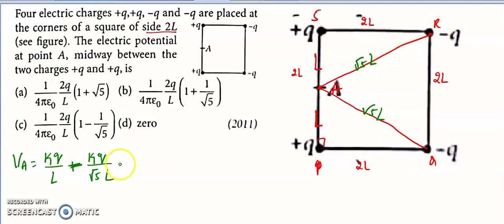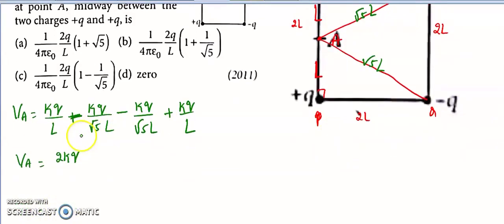The potential due to R is minus KQ divided by root 5L, plus KQ divided by L. So the potential at A: these two give 2KQ divided by L, minus 2KQ divided by root 5L.